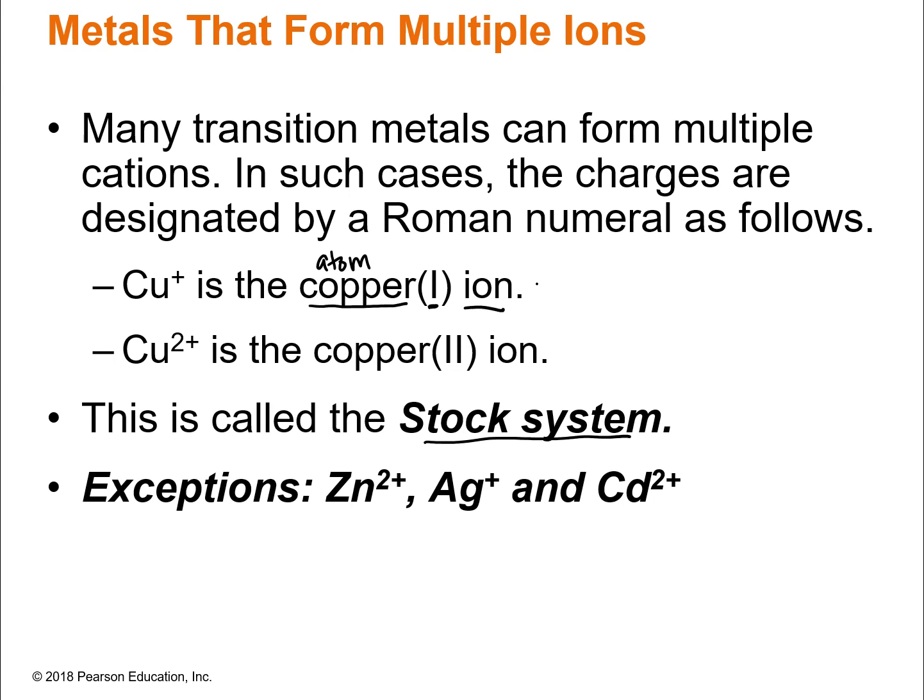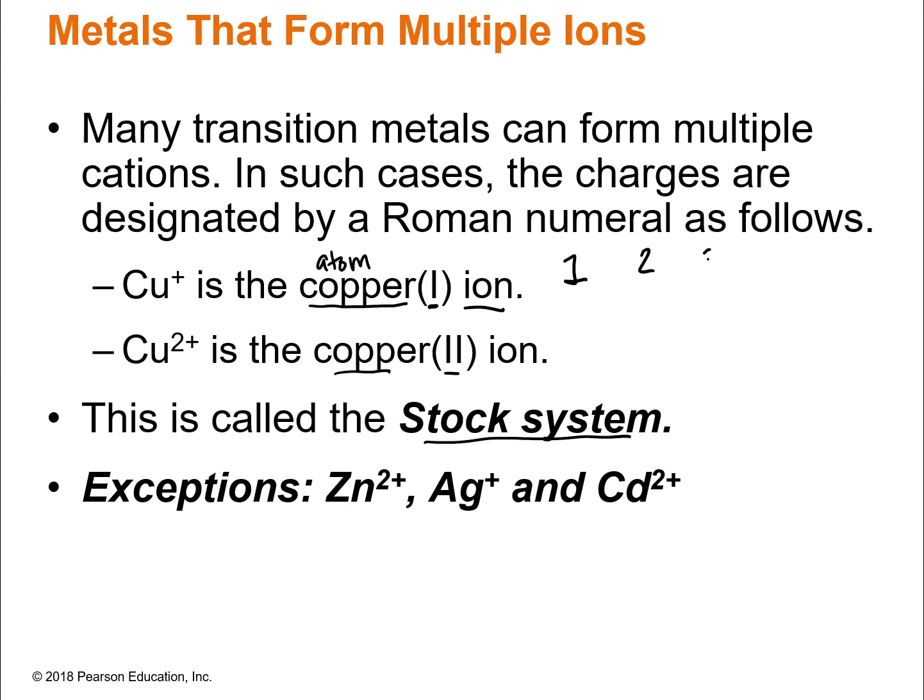And then, of course, if you're just talking about the ion, you follow it with the word ion. So copper 2+, you write the copper, which is the name of the atom, and then the 2 in Roman numerals in the parentheses, followed by the word ion.